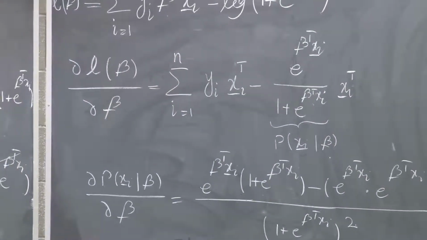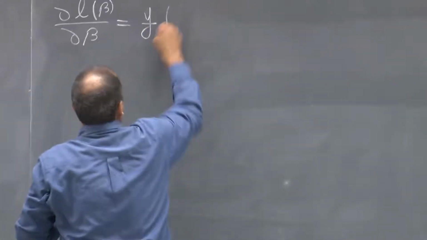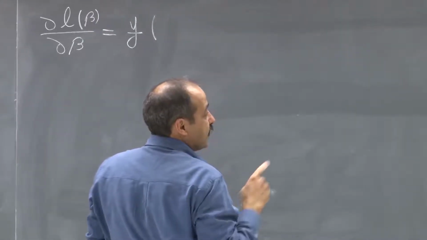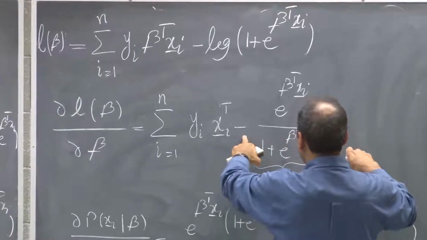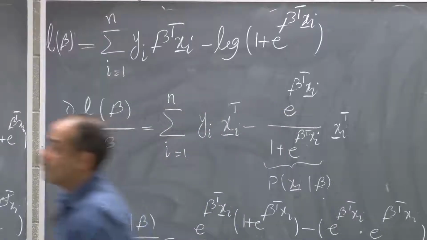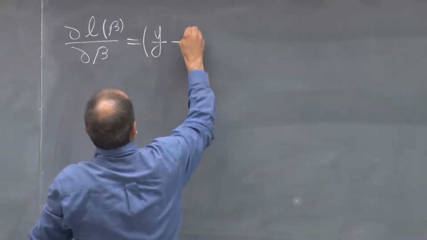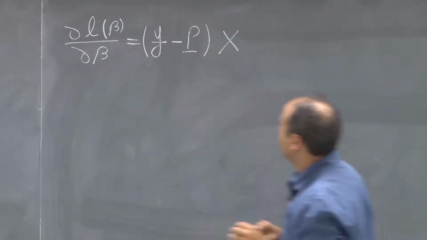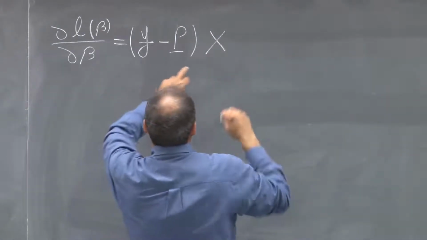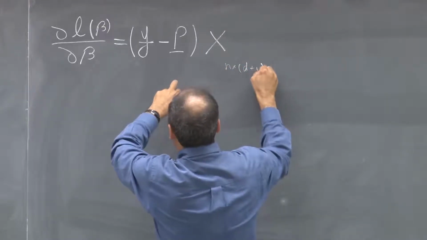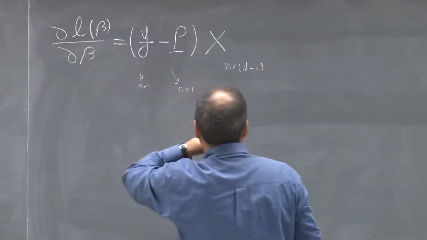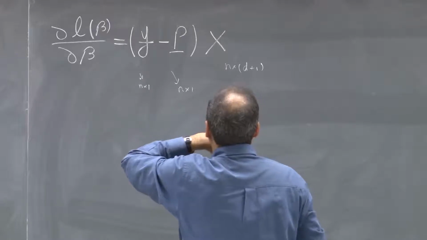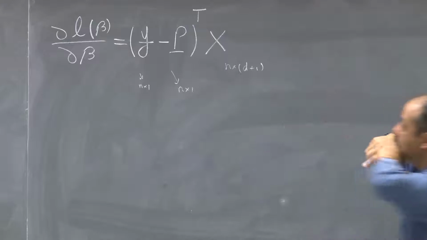Now I can factor out xi, so that's yi minus p, times x, right? So that's y minus p times x. And I think I need a transpose here. This is n by d plus 1, and this is n by 1, and this is n by 1. If I take a transpose here, that's going to be 1 by d plus 1.